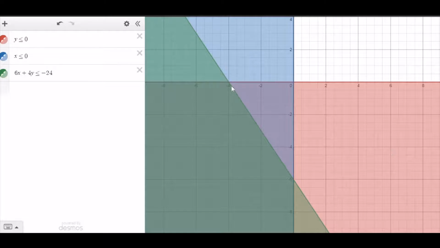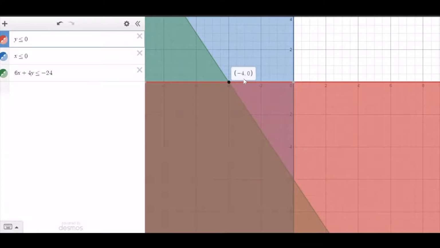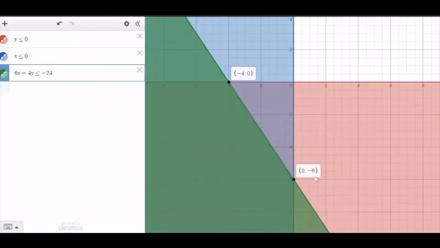So our region is bounded by negative 4, 0 as one of our vertices, and 0, negative 6 as another vertex. And this is unbounded, so there is no minimum because it is unbounded from the bottom part here.